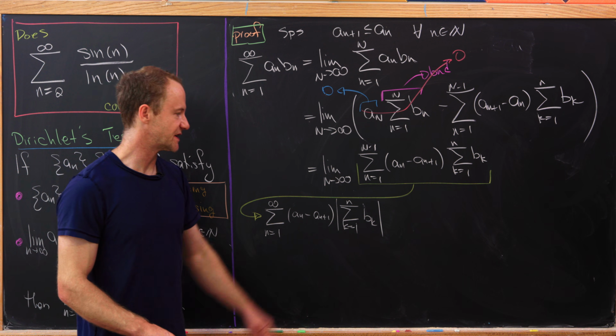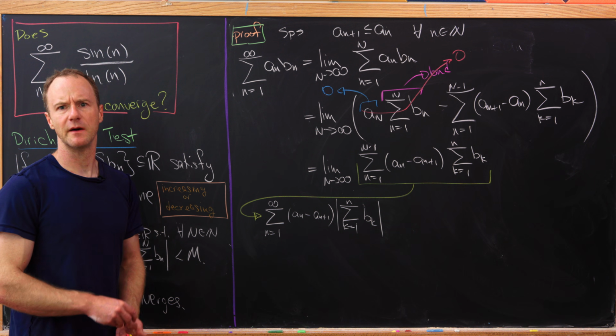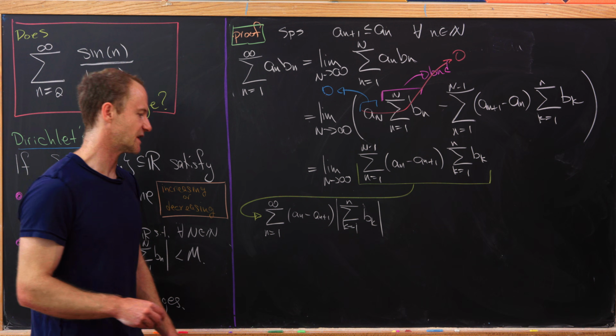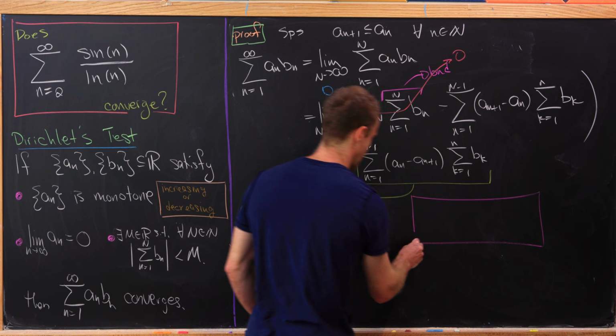Well, notice this is a series now with all positive terms. So if we can bound it above by something that converges, then we're good to go. So let's see what we can bound it above by.